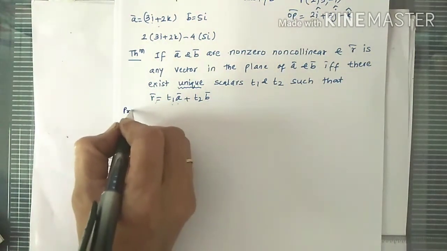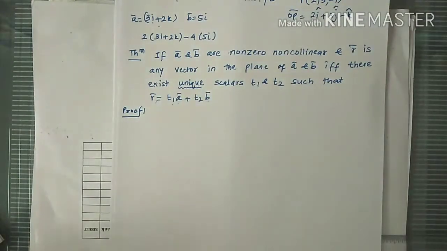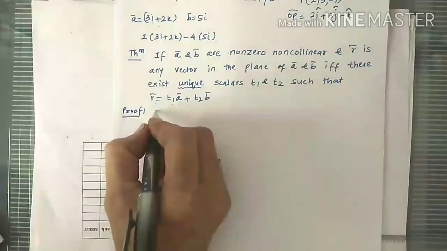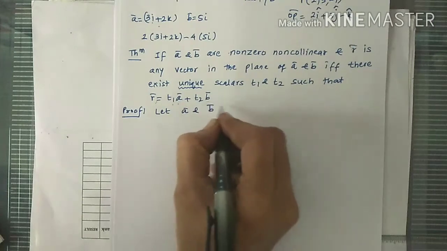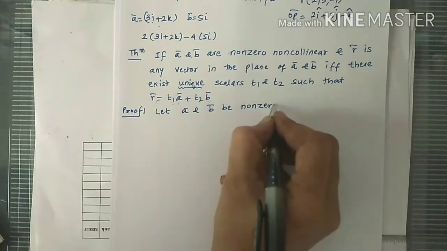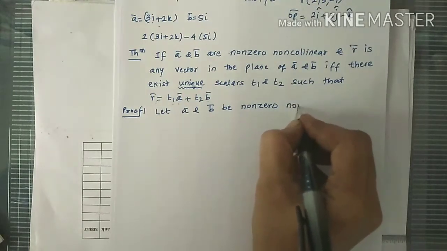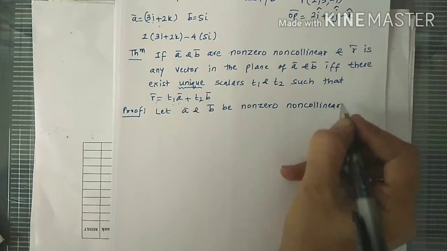First of all, let's see the only if part. Only if part means we are considering r bar as coplanar with a bar and b bar. So let a bar and b bar be non-zero non-collinear vectors. Non-collinear means one is not a scalar multiple of the other.